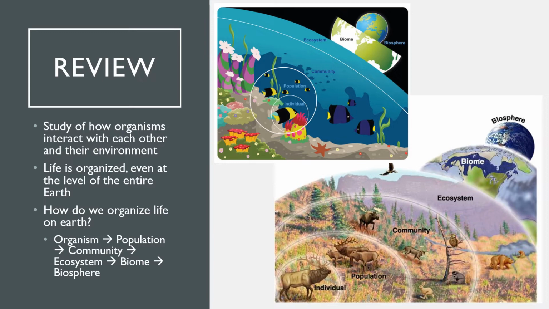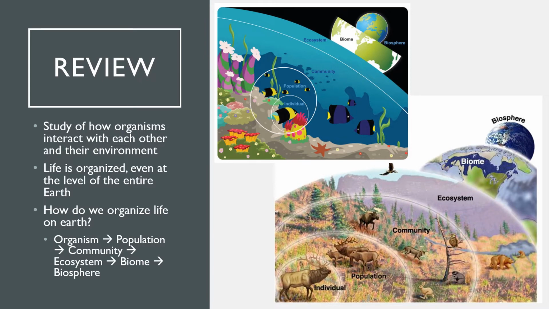So to review, ecology is the study of how organisms interact with each other and the environment. And all life is organized, even on the planet scale. So how is the life on the planet organized? Remember, that's one of our characteristics of life.